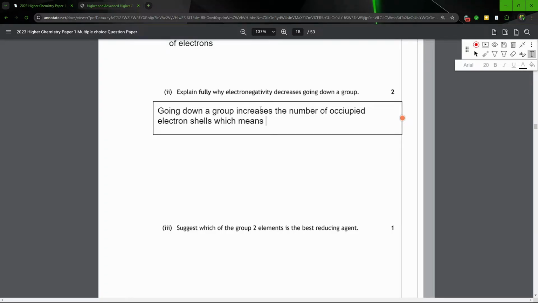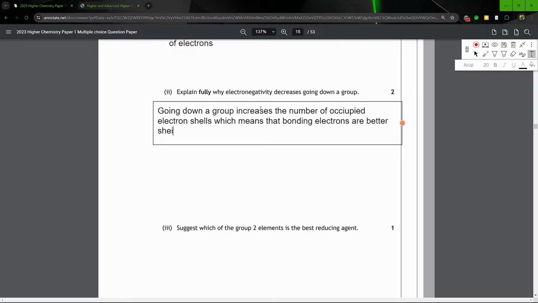Which means that bonding electrons are better shielded from the force of the nucleus.